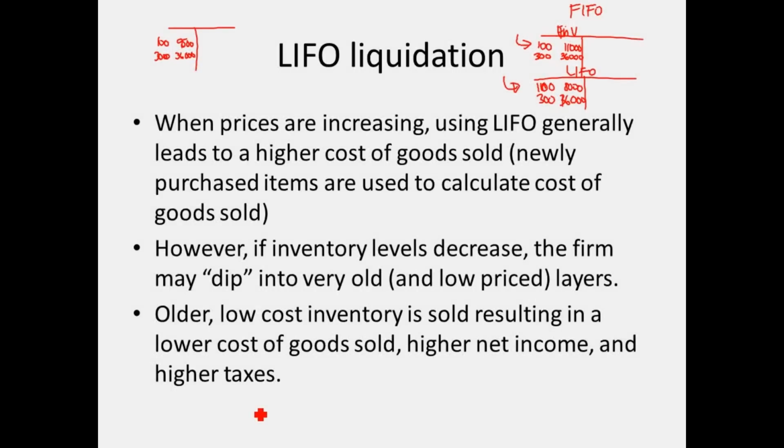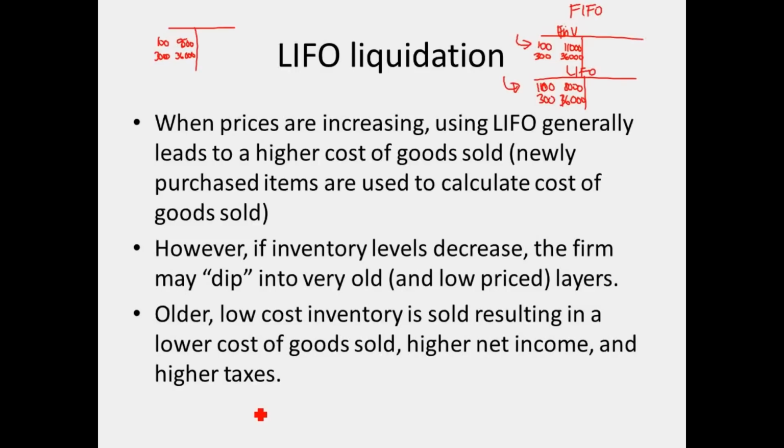Now, if I only sell 300 books, then everything still works out as I would have expected, because the cost of goods sold is going to be lower for which firm? So why is my cost of goods sold lower? I bought 300 books, I now have 400 books, and I'm selling 300.